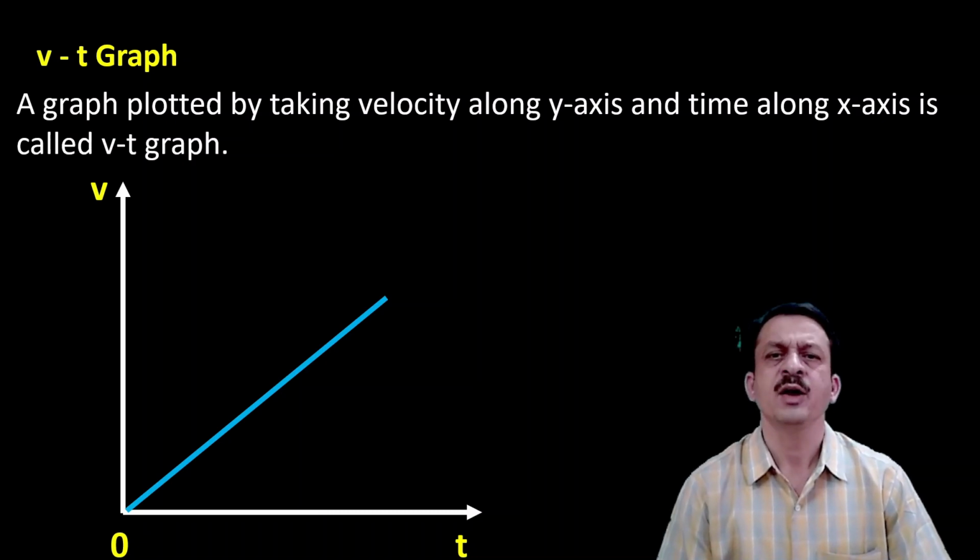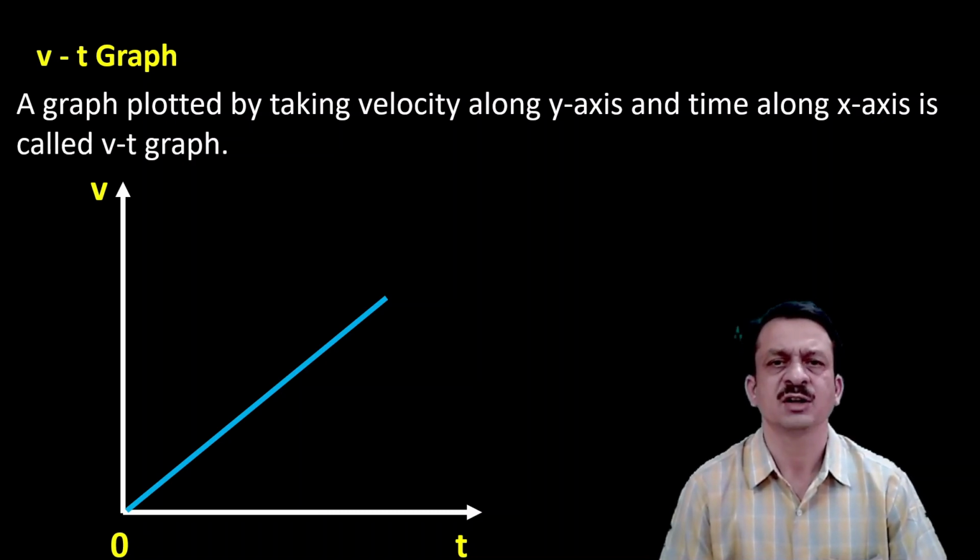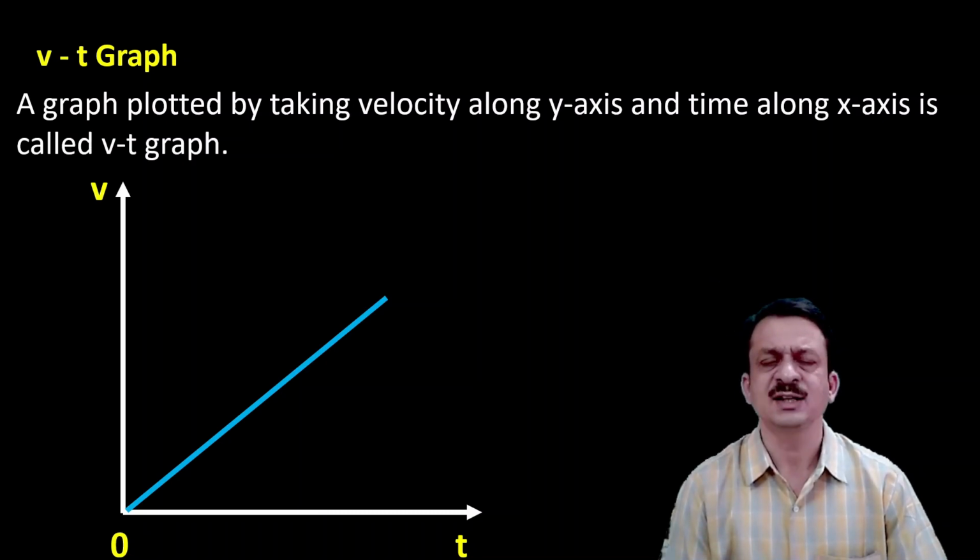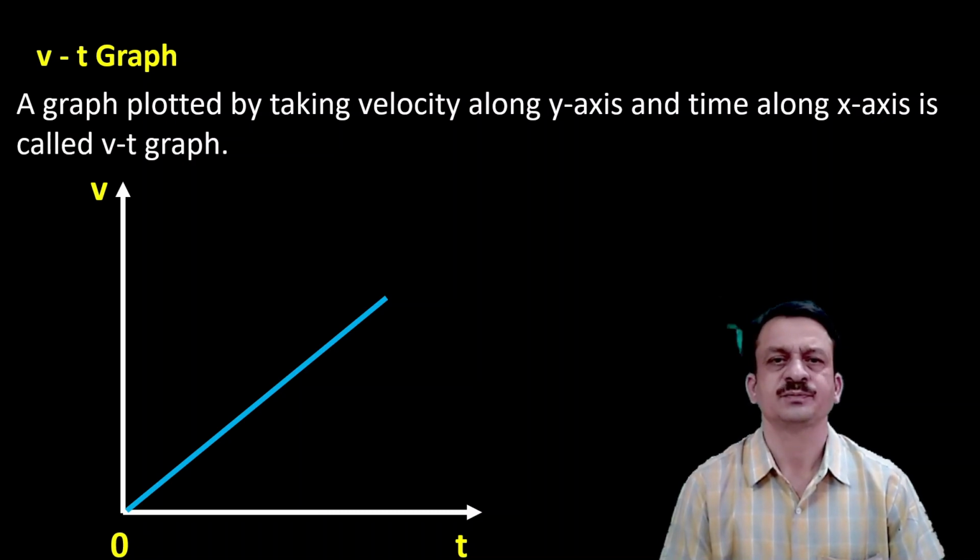This blue line represents the v-t graph curve for constant acceleration. If we take the slope of this blue line, that is the v-t graph, the slope means the tangent, that is the opposite side divided by the adjacent side. Therefore slope gives acceleration here.